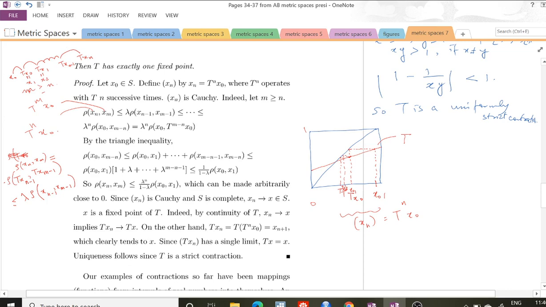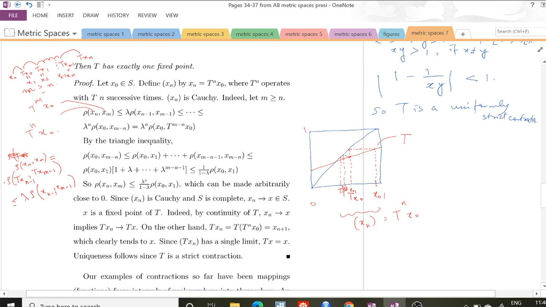And then I arrive at this, my xn, and this is something which I can ignore, right? So there was an xn minus 1 here, and with an additional T jump, I arrive at xn, okay?